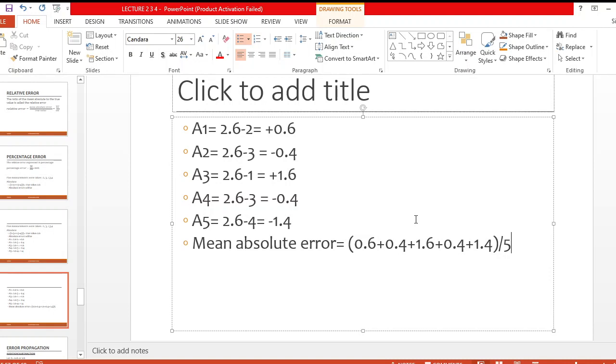So you are getting 4.4, and this 4.4 divided by 5. So what you are getting as a value is 0.88.